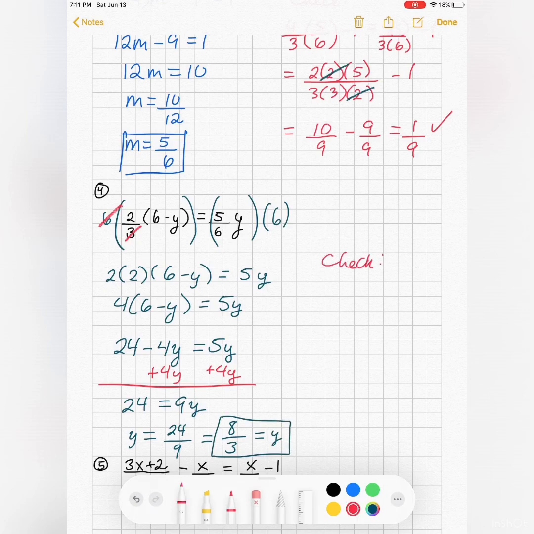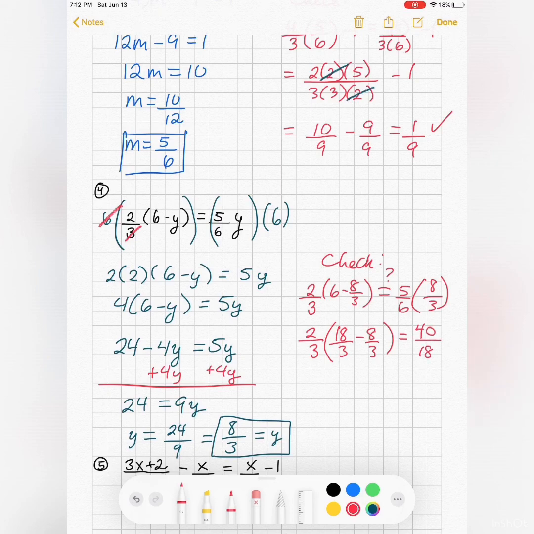Let's check. Okay, what is that? 10/3. Yes, it's a true statement.